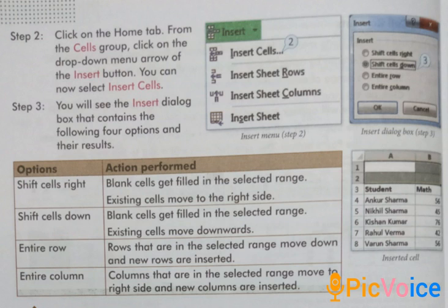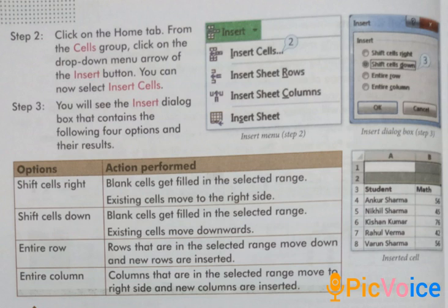Dear students, inserting cells. How to insert the cells? To insert the cells, we have to follow 3 steps. The first step is to select the range of cells in which the range of cells is to be inserted.